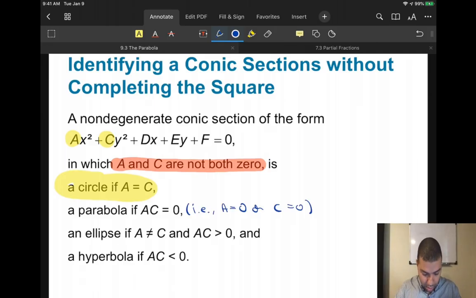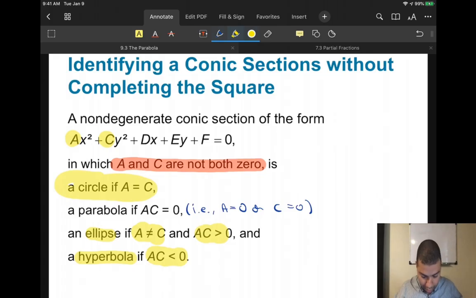And if a and c both have the same sign, that's what it means with the product positive. The product is only positive if they both have the same sign, but they're different. Then that's an ellipse. And if the product is negative, they have different signs, then that's a hyperbola.